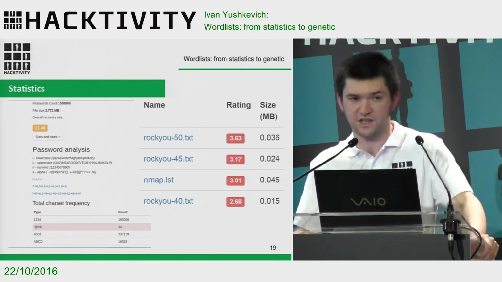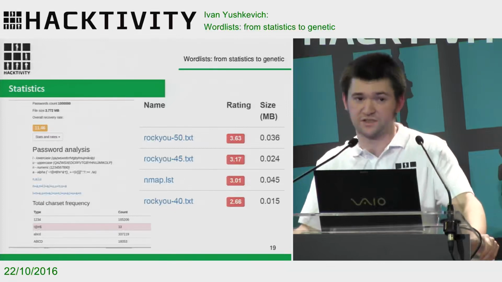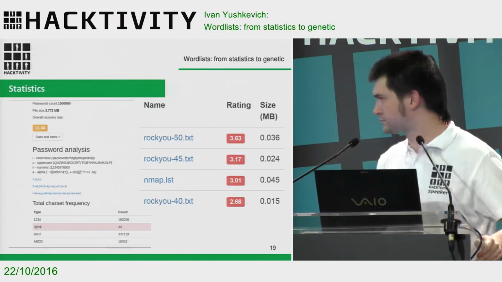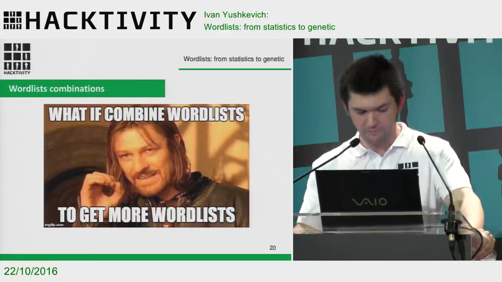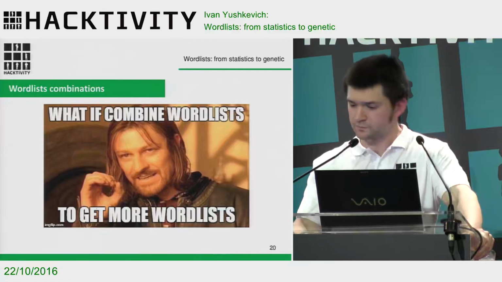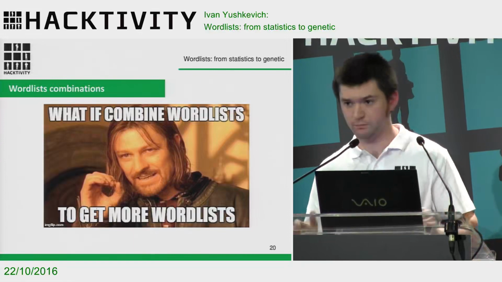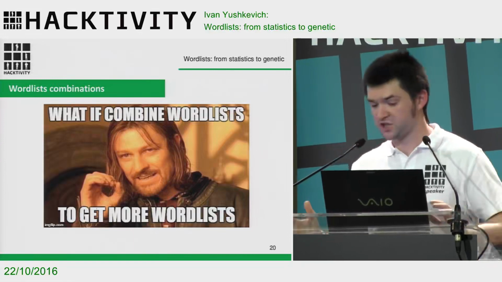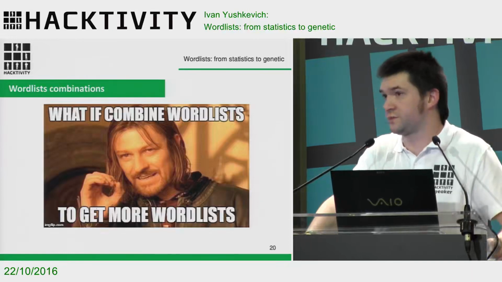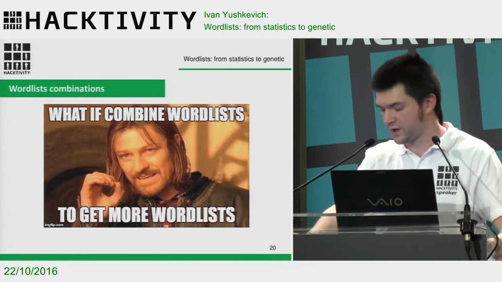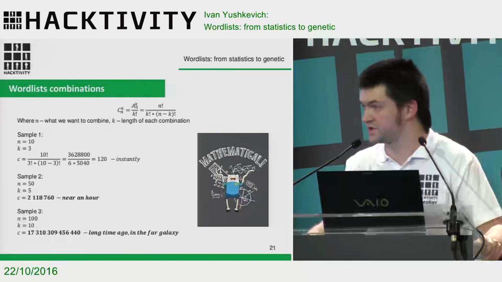It's obvious that bigger dictionaries always get better results than smaller ones. So, what if we pick some small dictionaries, make combinations between them, and get better dictionaries with the benefits of each? It must also be a small dictionary, so why can't we do so? Let's make some calculations.